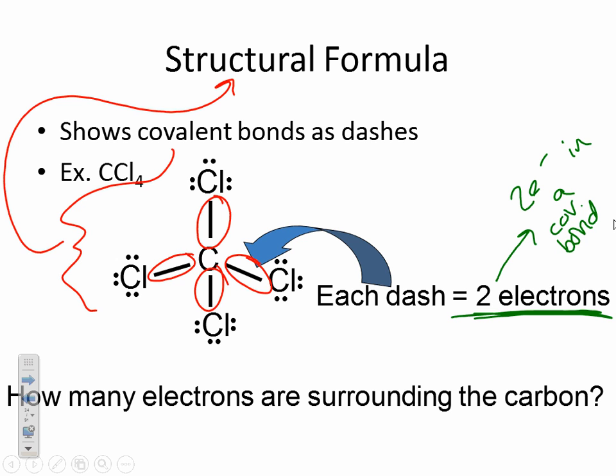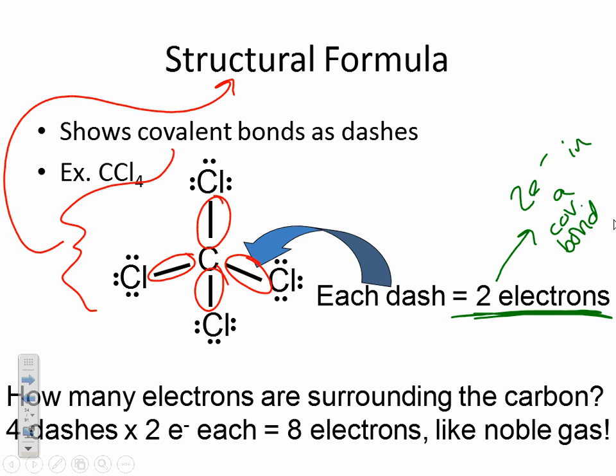And each of those dashes represents 2 electrons. We have a total of 8 electrons that are surrounding the carbon. So that carbon is obeying the octet rule. It has 8 electrons around it, so therefore it is like a noble gas, so therefore it is energetically stable. It has that low energy.